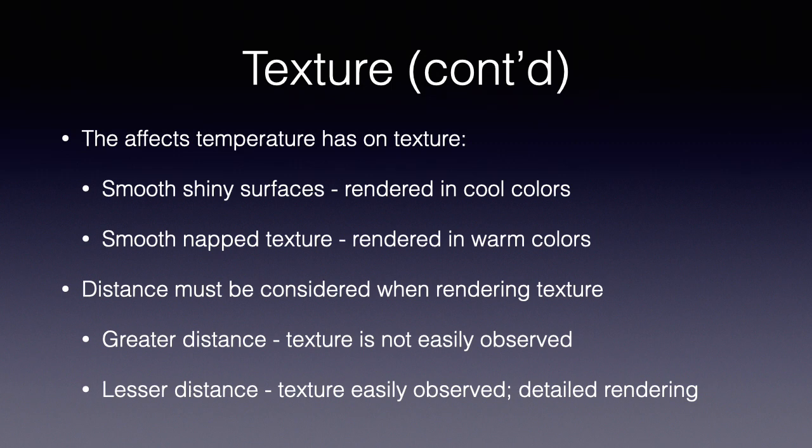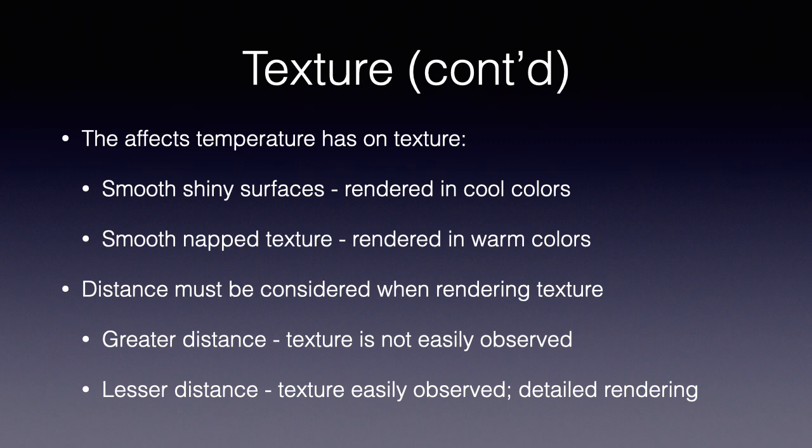So distance should also be considered when you're rendering texture, right? The greater the distance, the less easily texture is observed. The further away something is from you, whether it is the portrait or your flat sketch where you are trying to render a fabric, the further away that object is, the not as easy it is for the observer to see texture.